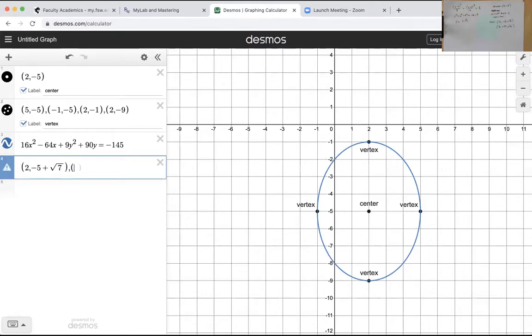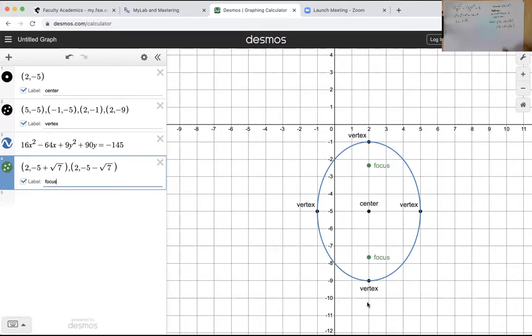And the other one is 2, -5 minus the square root of 7. That's the other one. And we'll label those foci. So those are the 2 focuses. As an ellipse becomes more and more like a circle, the 2 foci converge on the center. As it becomes narrower, they move away from the center. That's the way for us to think about it.